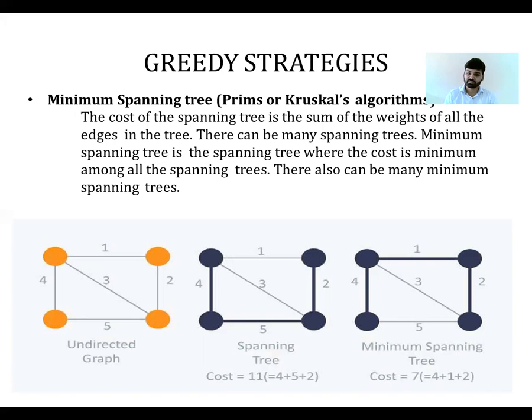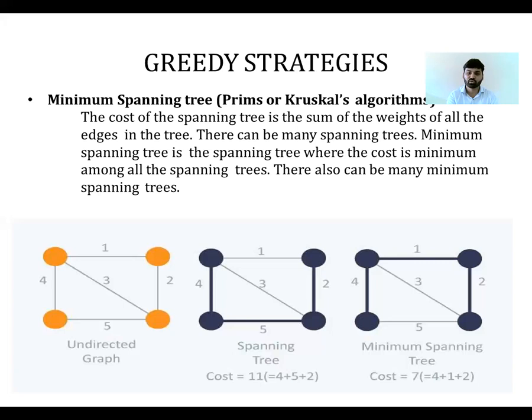In minimum spanning tree we have to obtain minimum cost to traverse all the vertices, all the nodes of your tree. Then we have to avoid forming a cycle. We don't need a cycle.